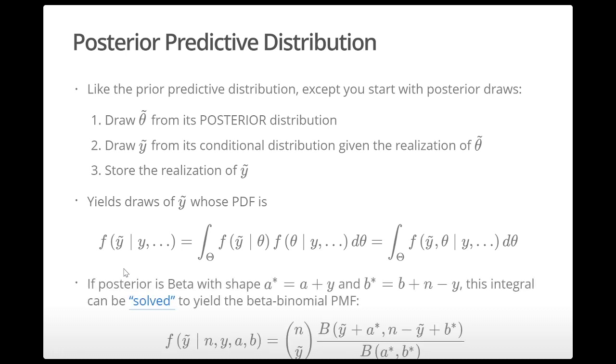If the posterior distribution is exact beta, then this integral can be more or less solved in terms of a special function, yielding a posterior predictive distribution that is the so-called beta binomial probability mass function. You've got to choose y tilde out front, and then the ratio of two beta functions there.